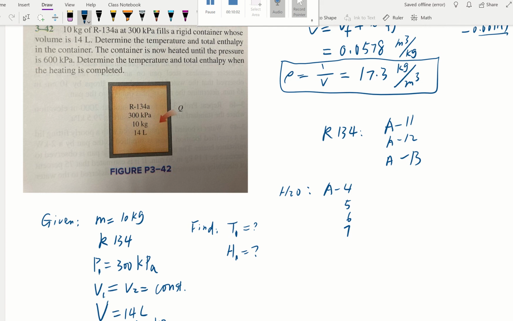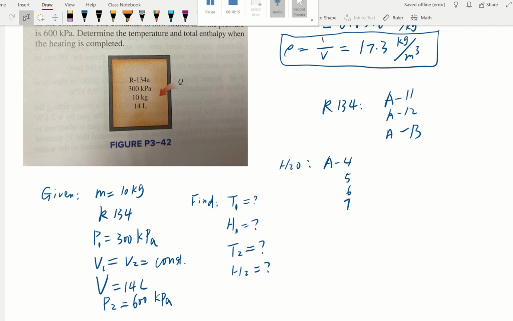After the pressure is up to 600 kilopascal, they want us to find the temperature. That's the final state, T2, and enthalpy, H2. Right, so that's what we needed to write down in terms of find and given. And that's important for thermodynamics, to read it and write down the given and find.